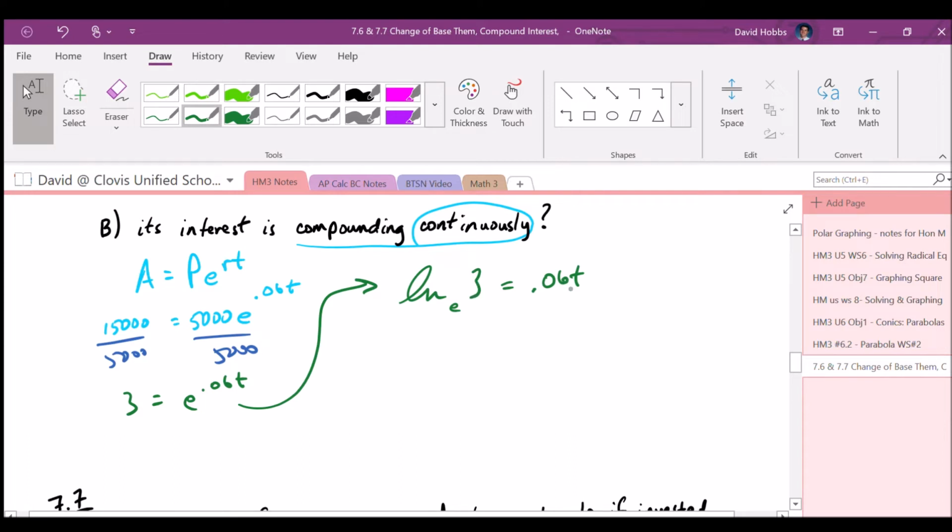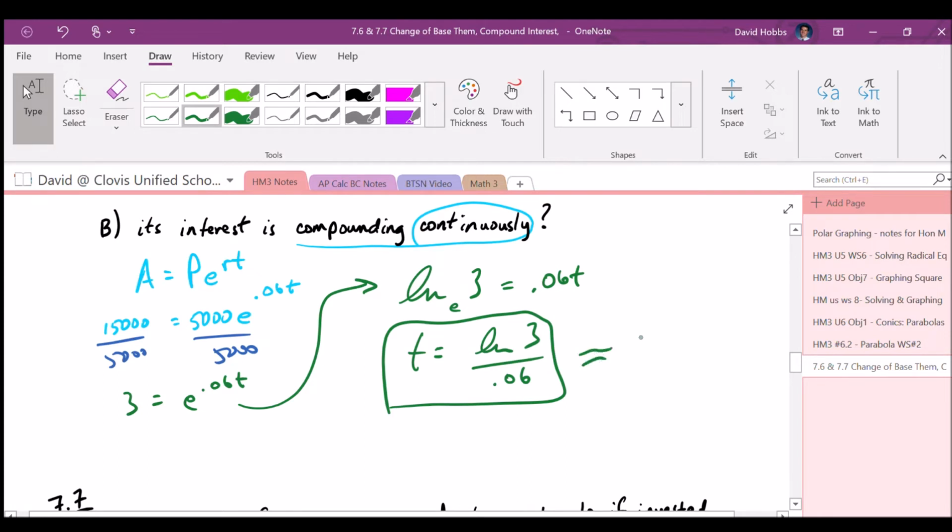Solving for t, we're going to divide by 0.06. So t is natural log of 3 over 0.06. We want the decimal value, so plug that into the scientific calculator and check, and you should be getting approximately 18.310 years.